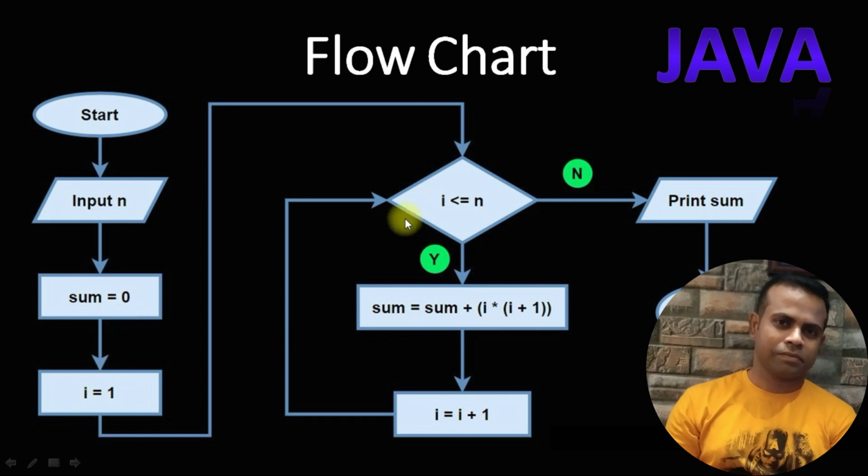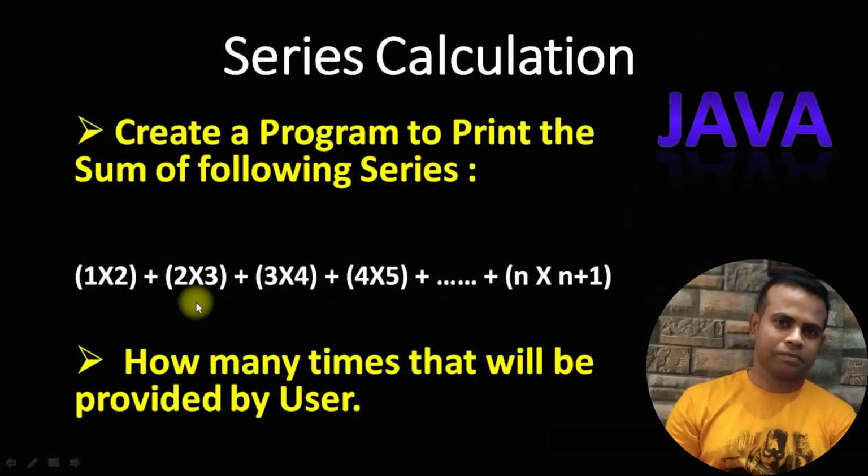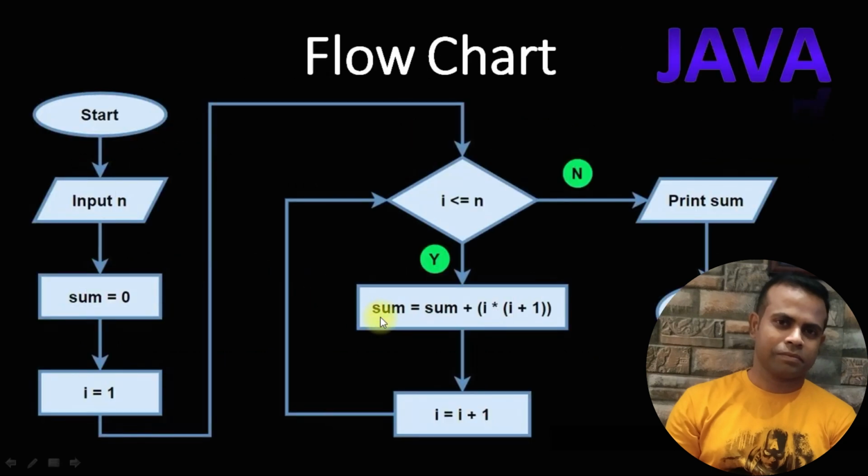Then our for loop starts with I initial value 1, and it checks the condition I less than or equal to n. If yes, it goes here, and we calculate I into I plus 1. So the logic is something like that.